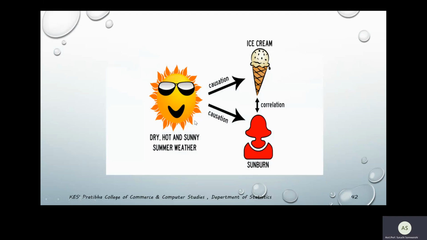So hot sunny summer weather is causing sunburns, as well as increasing the sale of ice cream. That's why we are seeing the correlation between sunburn and ice cream because of this weather. So summer weather and ice cream, summer weather and sunburns, they have a cause and effect relationship. But ice cream and sunburns, the relationship between these is not a cause and effect relationship. So correlation does not imply causality.